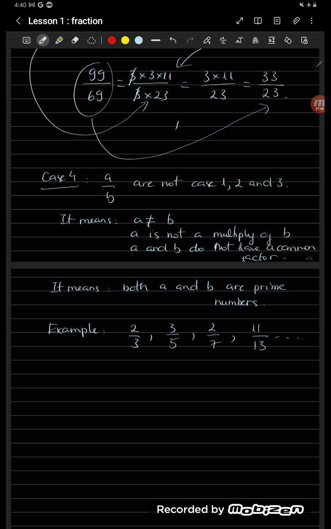Okay, so long as a and b are prime numbers, then it is the most simplified fraction. Okay, anything else? Maybe 203 over 11. Yeah, 203 is a prime number, 11 is a prime number.